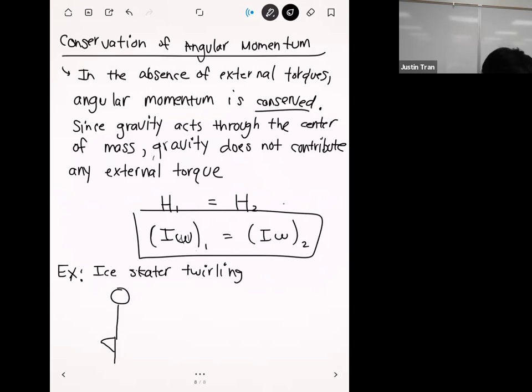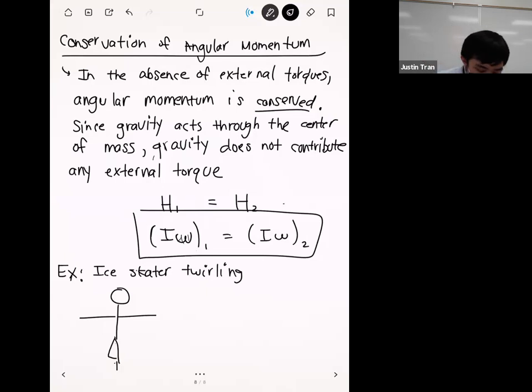There's my terrible deformed ice skater. Let me fix his leg a little bit. Better.